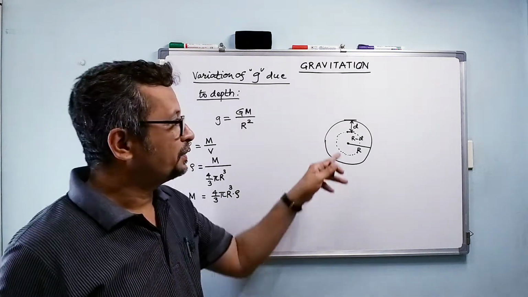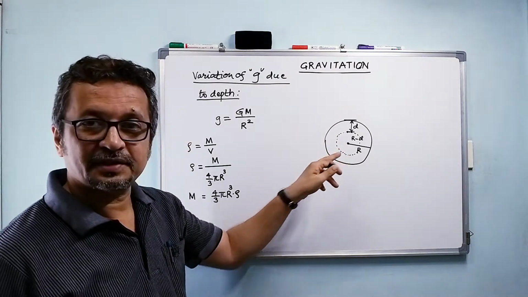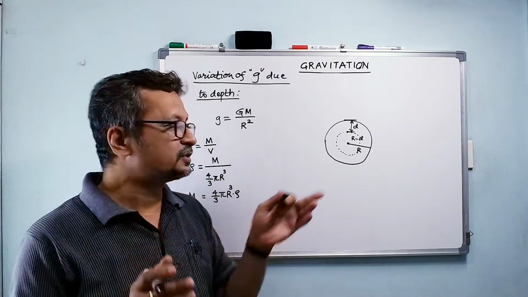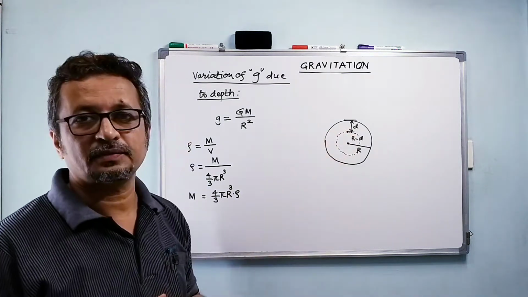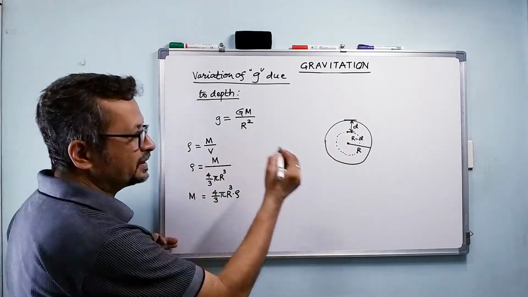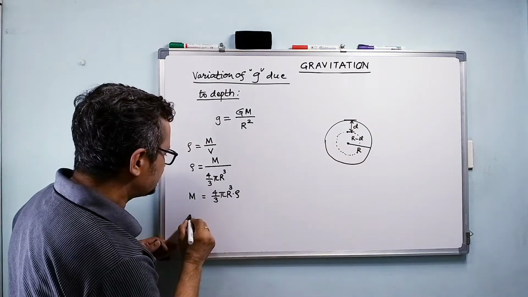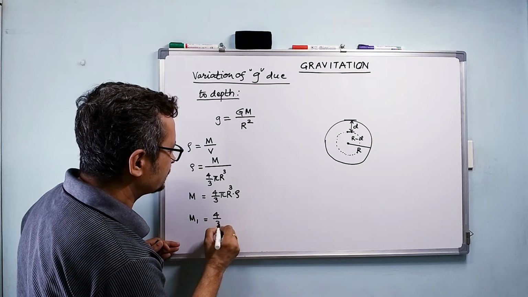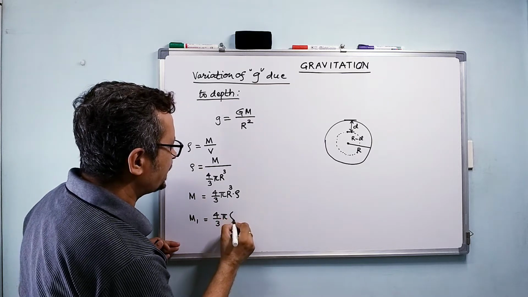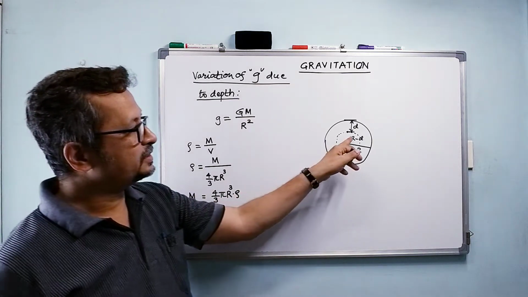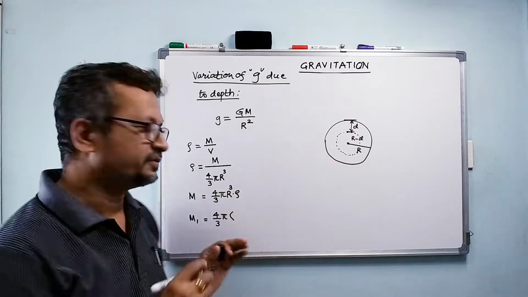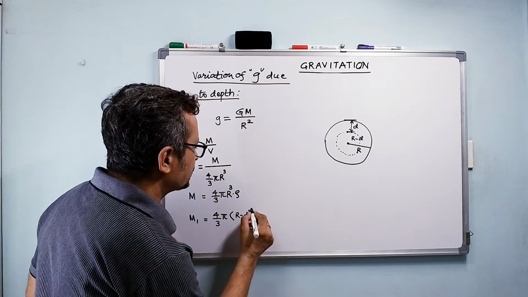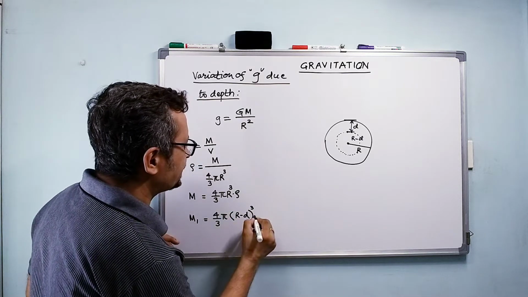Now what about mass of this sphere? This sphere is smaller, correct? A smaller sphere is going to attract this mass now. So that mass, let us say m1, would be 4 by 3 into pi, and the radius of that smaller sphere is r minus d, and the cube of that, multiplied by rho.